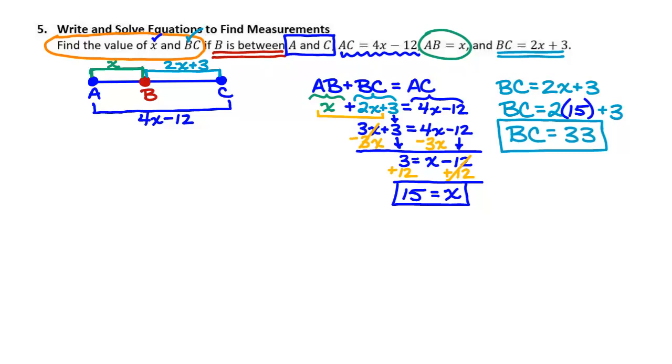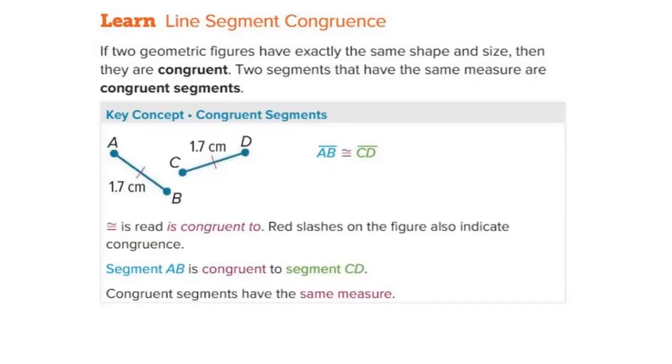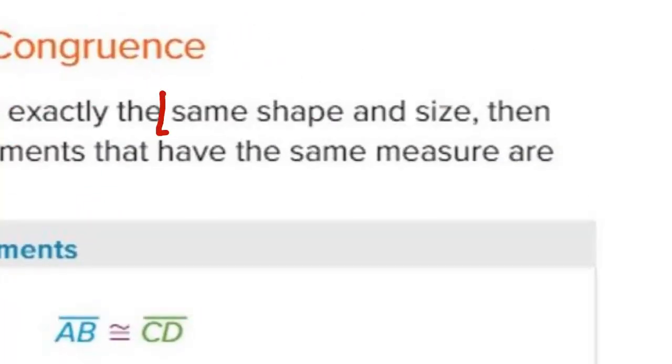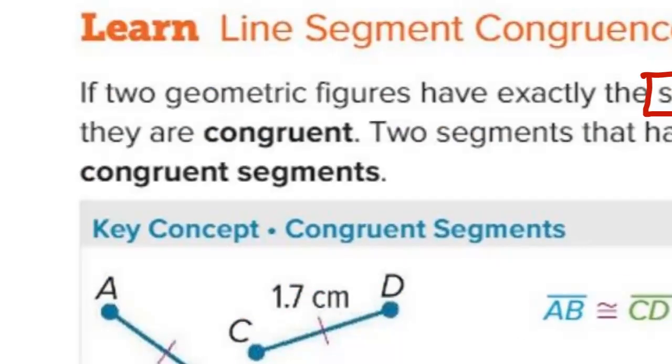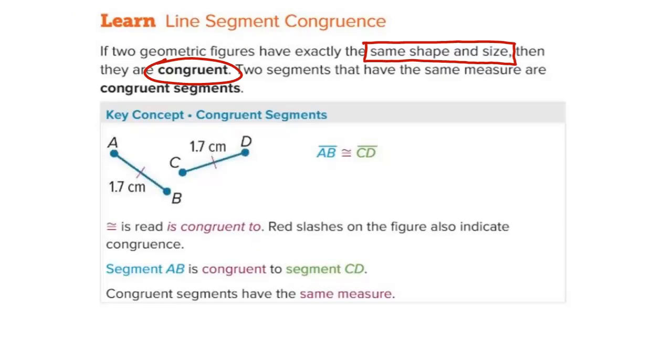Last new concept for this section: something called congruence. If I have objects that are the same shape and size, we say that they are congruent.